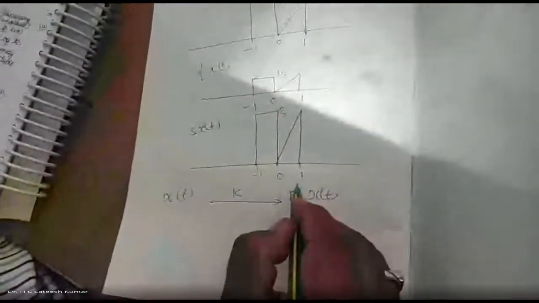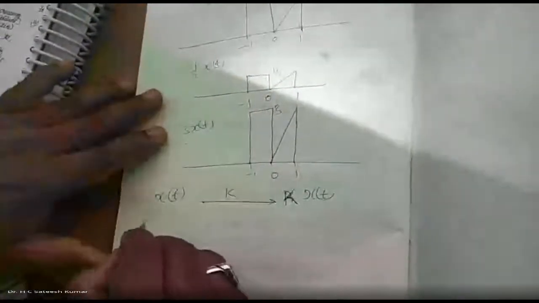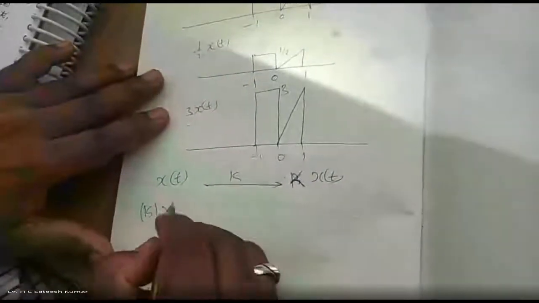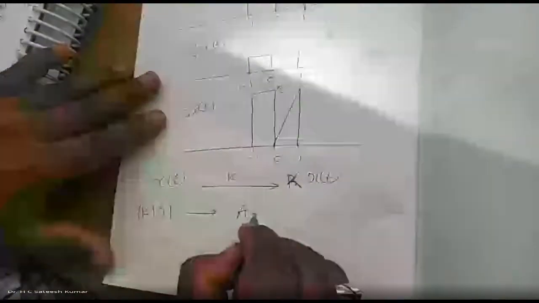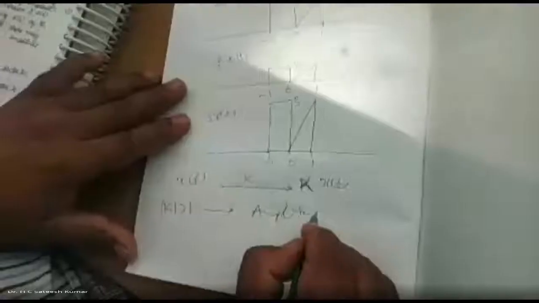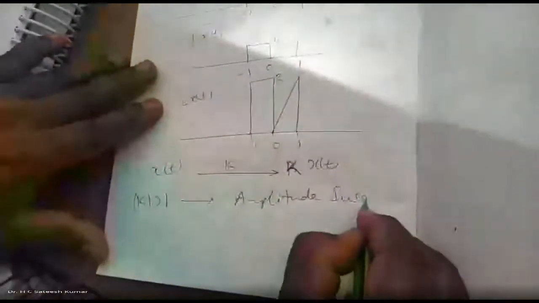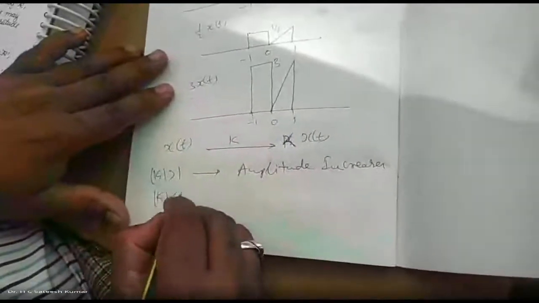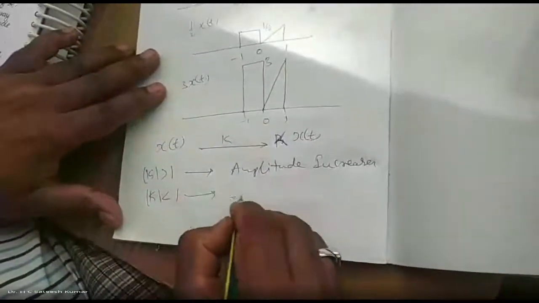Depending upon the value of k, there will be change in the amplitude. If the magnitude of k is greater than 1, amplitude increases. If magnitude of k is less than 1, amplitude decreases.